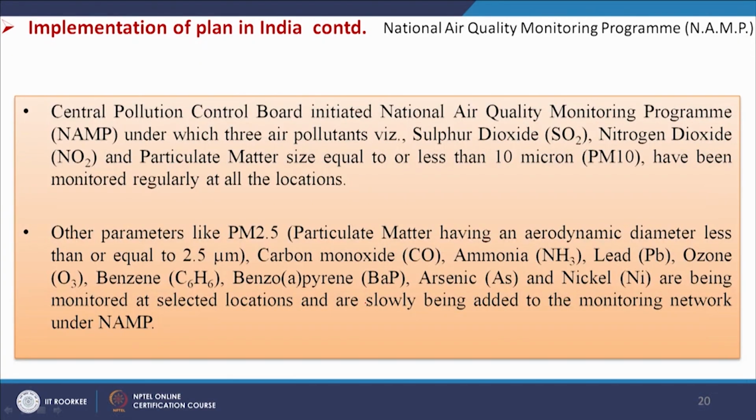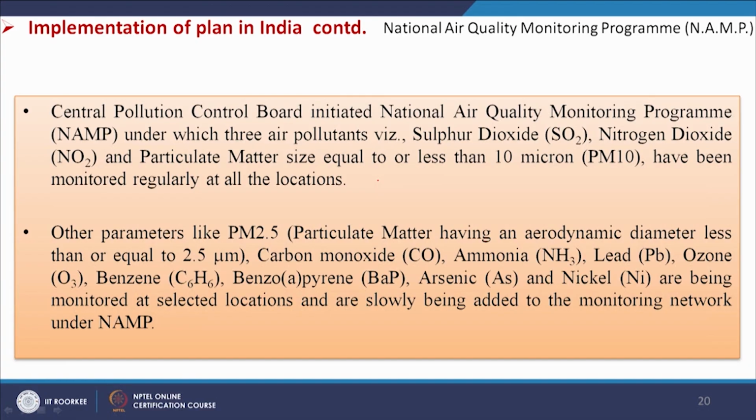The Central Pollution Control Board initiated the National Air Quality Monitoring Program, as mentioned earlier, under which 3 air pollutants, that is sulfur dioxide, nitrogen dioxide and particulate matter of size equal to or less than 10 micron, have been monitored regularly at all the locations. So, this is the initial stage.